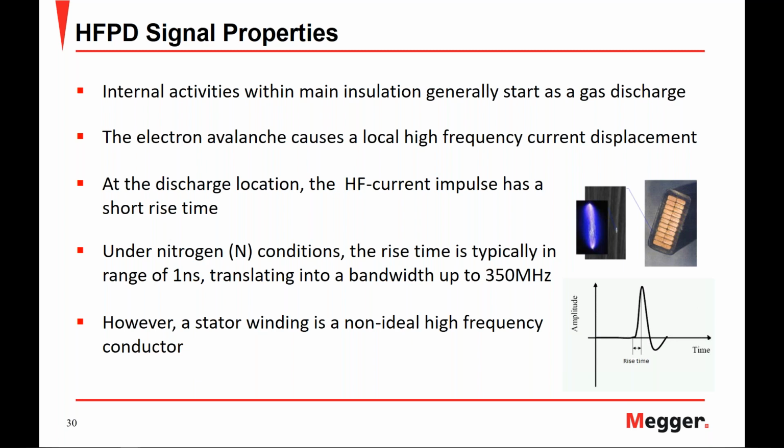For instance, looking at the nitrogen condition, which is essentially your ambient air condition, the rise time is typically in the range of 1 nanosecond, which translates to a bandwidth up to 350 megahertz. Though, due to the fact that the stator winding is a non-ideal high-frequency conductor, only a fraction of the initial signal bandwidth effectively arrives at the winding terminals due to the high-frequency signal properties.